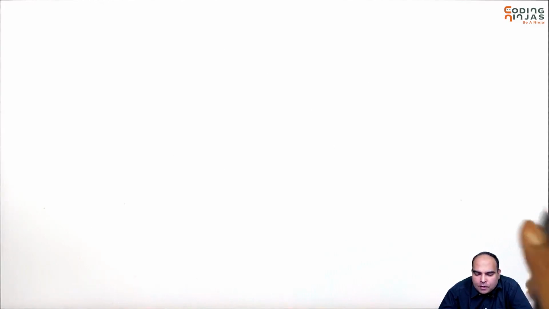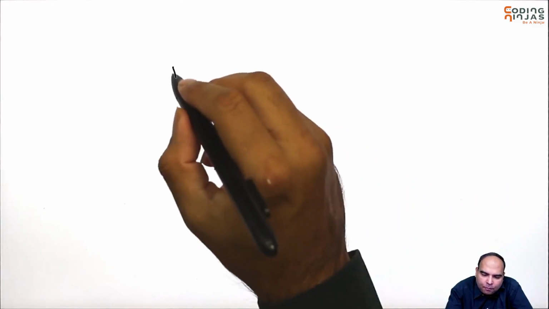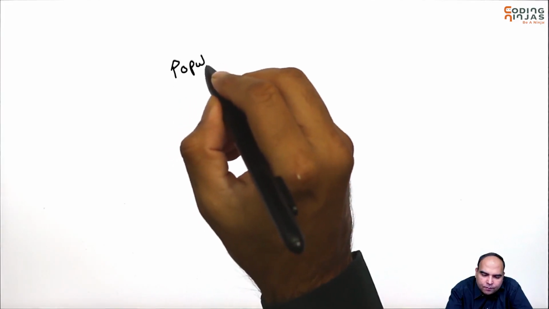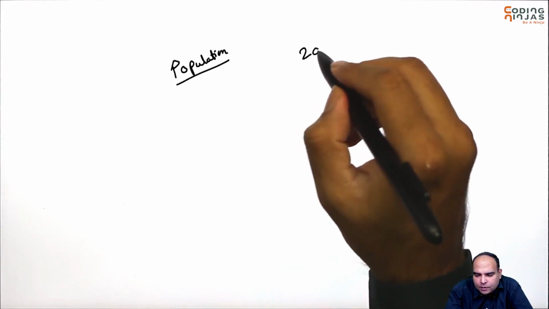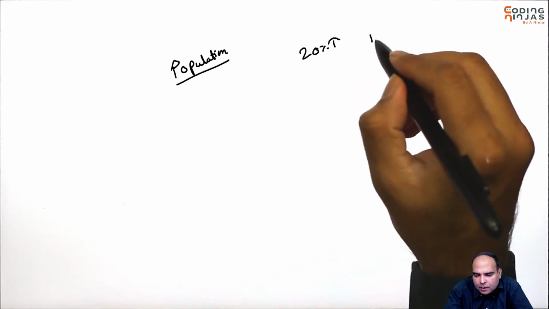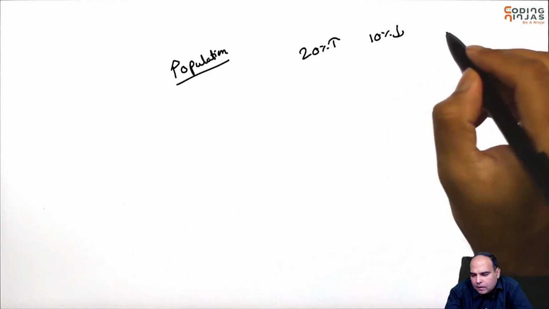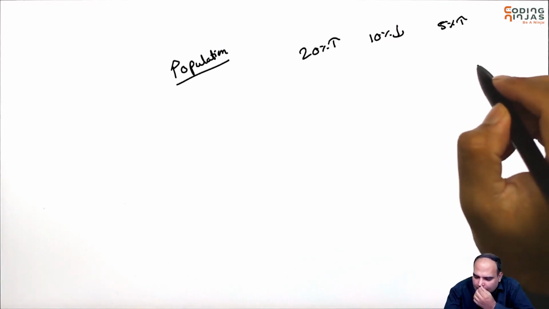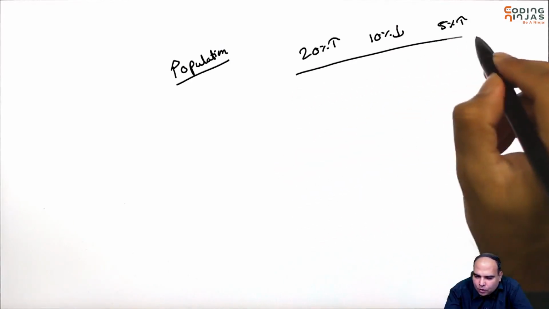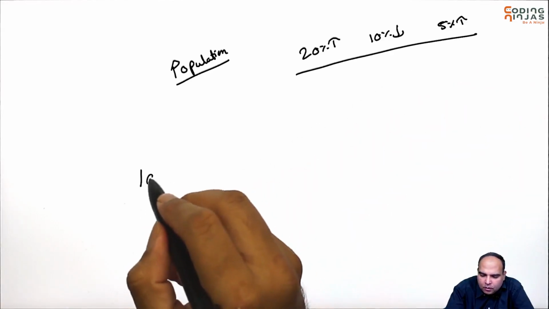So for example, suppose I tell you that the population of a town goes up by 20% in the first year, comes down by 10% in the second year, and goes up by 5% in the third year. And I want to trace out what's happening to the population.